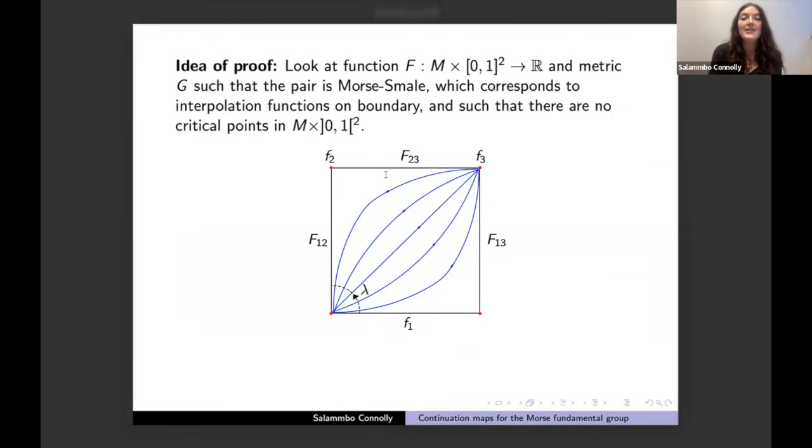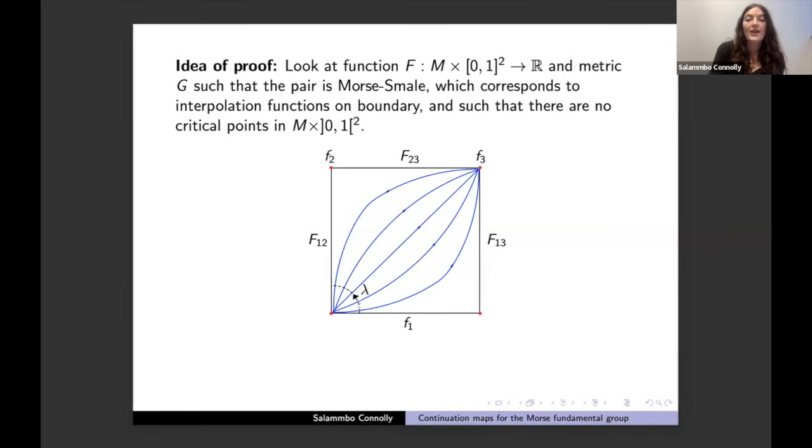To show this, it's a similar thing to what people do in homology: you do a continuation map, a similar construction to the continuation function, except on n times the square rather than n times r. And so you want, at the bottom, to match F1, and on this side to match F1 to F3.